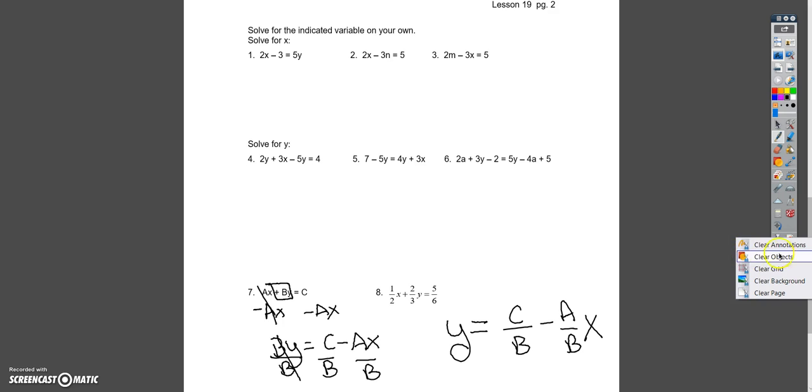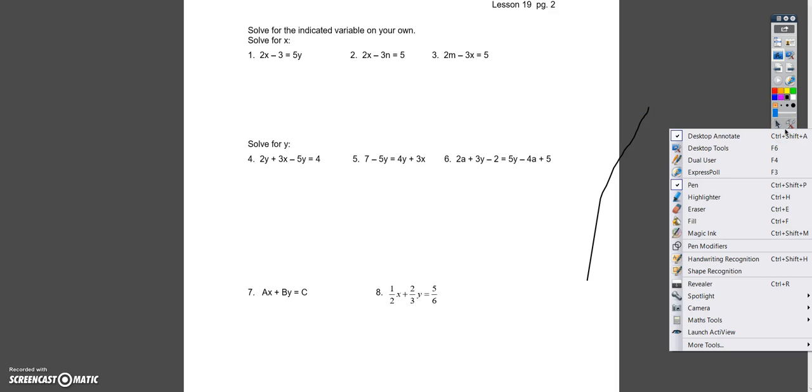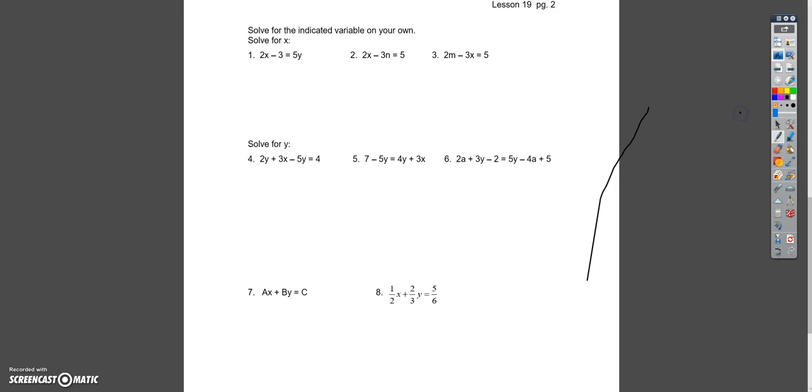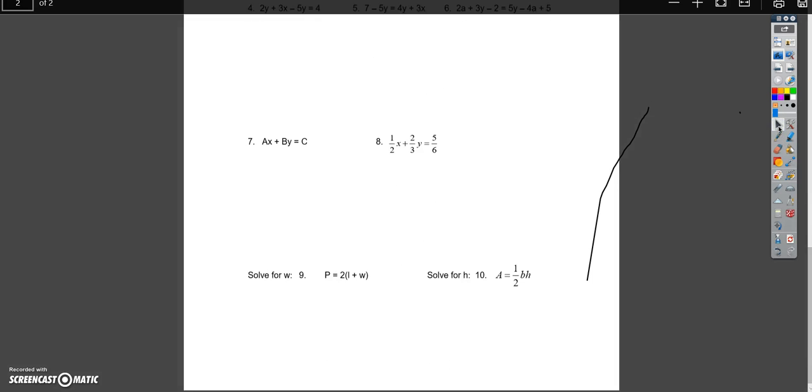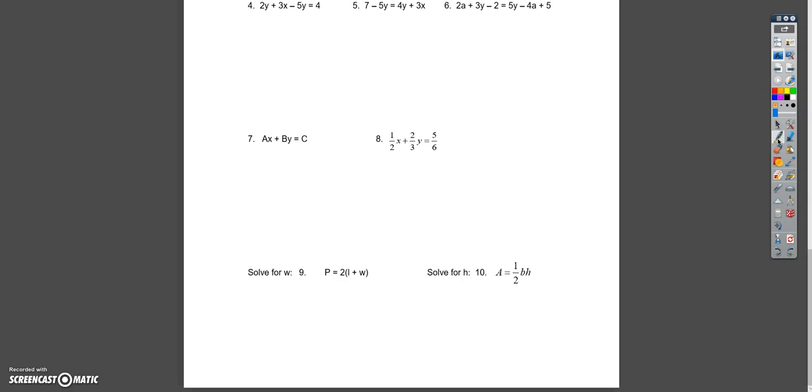And the last one, I think. Oh, there's 3 more. I might get them in, I might not. Alright, so minus 1/2 x.